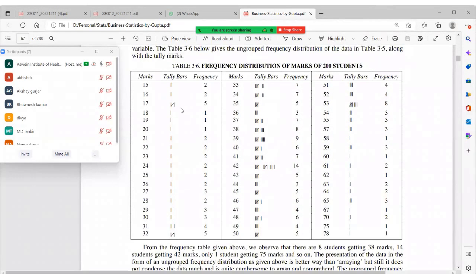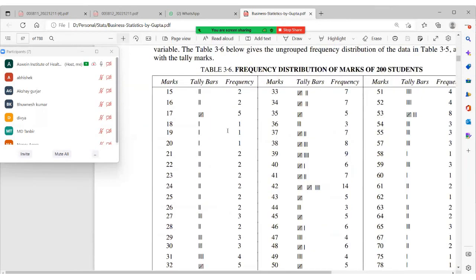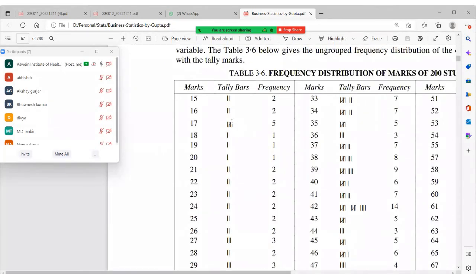After making all the tally bars, see, for example, in this 17: we have 1, 2, 3, 4. For the fifth one, we make a cross line, right? This is called a bundle of 5, so we write 5.